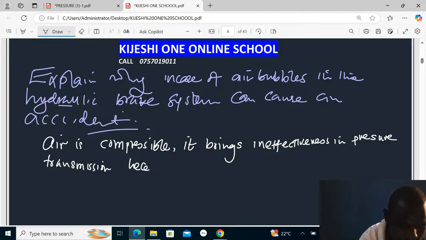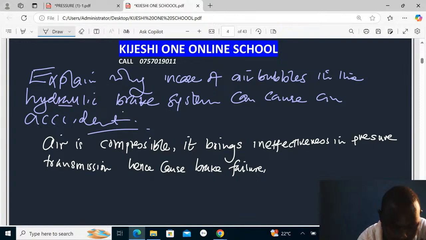Hence, cause brake failure. Then you finish by causing an accident.